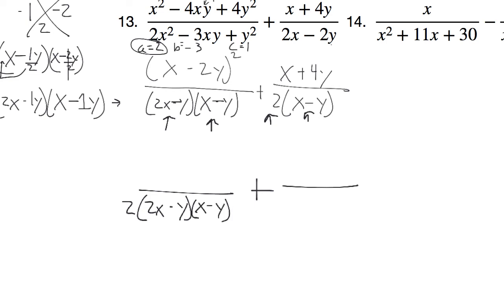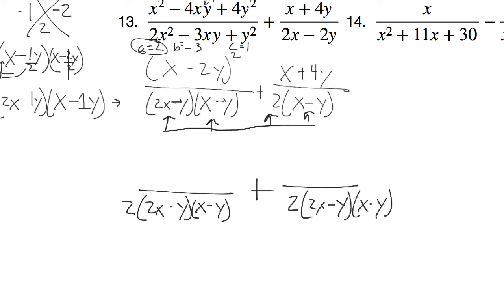Of these four factors here, one of them gets repeated, so we'll take the 3 that are not repeated. That's the least common denominator: 2 times 2x minus y and x minus y.